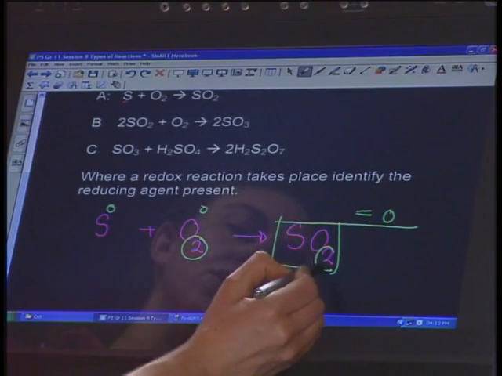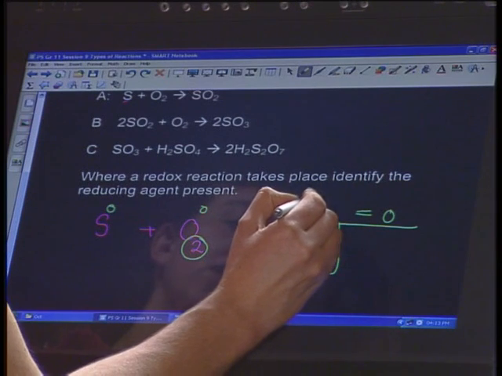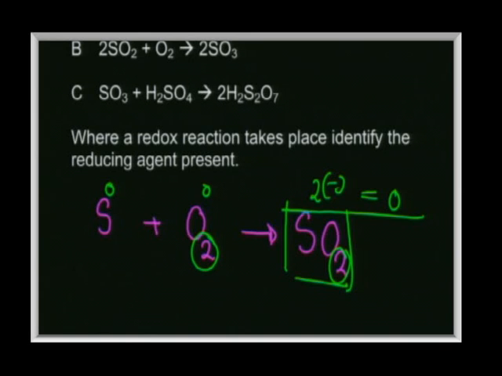I have 2 oxygens, and we know from our rules that oxygen always carries an oxidation number of -2. That means my sulfur has to have an oxidation number that will balance out the -4 that I have because of the oxygen, because it should add up to 0, which means that my sulfur is going to have an oxidation number of +4. So what we see in this case is that my sulfur has gone from a 0 through to a +4 oxidation number.